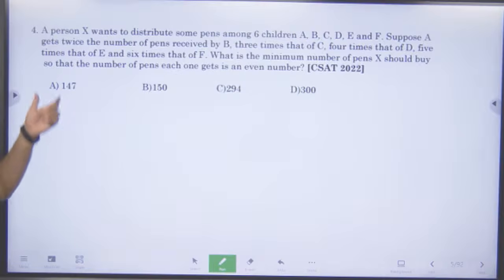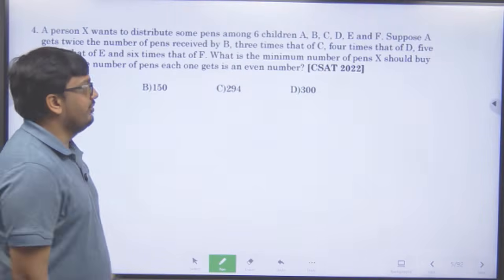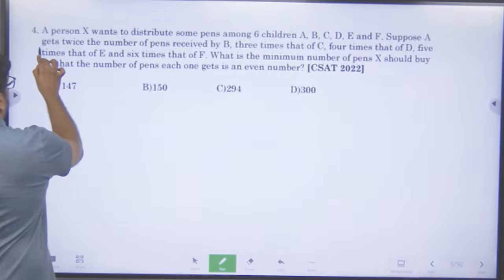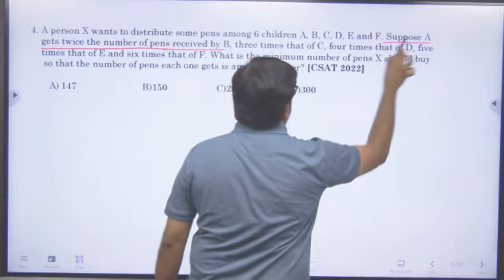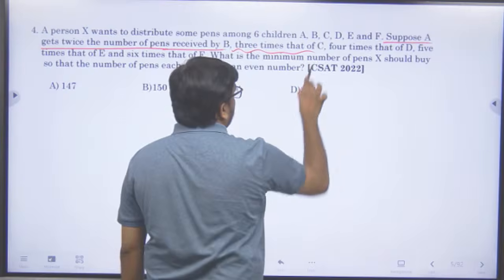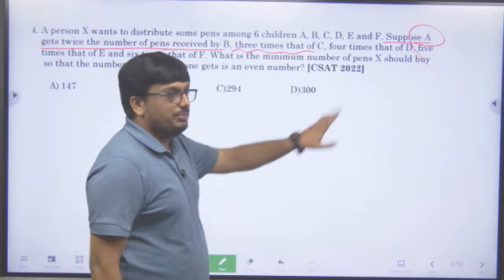A person X wants to distribute some pens among 6 children A, B, C, D, E and F. A gets twice the number of pens received by B, 3 times that of C, which means A is the base. They are taking A as base.